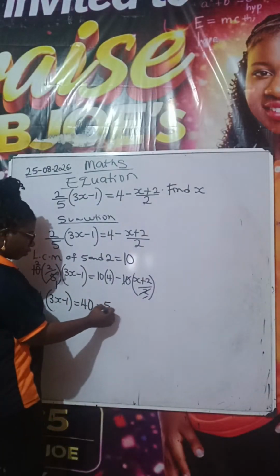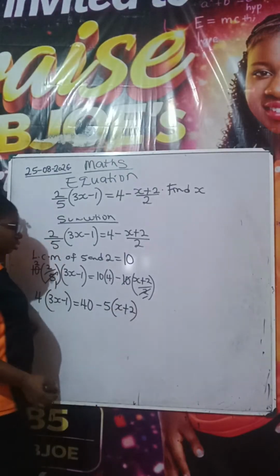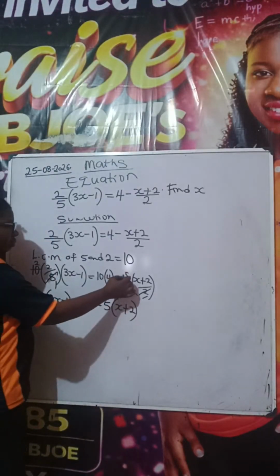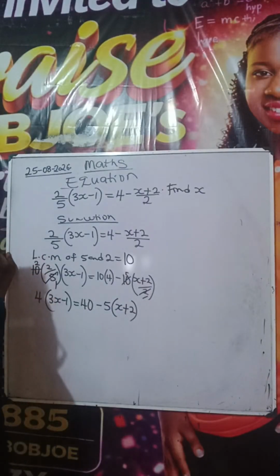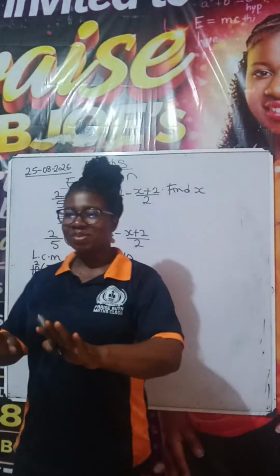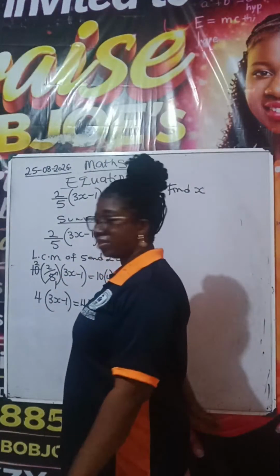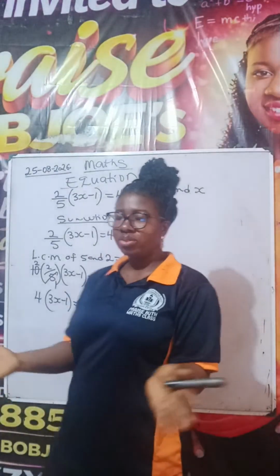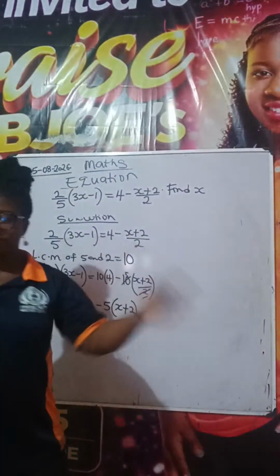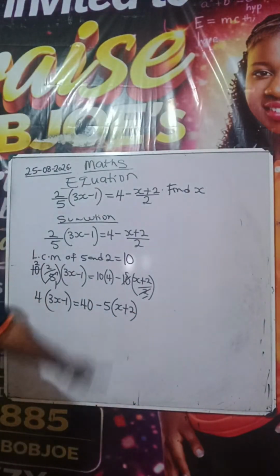So we have 5 multiplying x plus 2. Write the 5 here because this minus 5 is going to multiply this. Now, at this point, you will see that there is no fraction again. We have removed all the fraction. So all we need to do now is expand and solve a normal equation. There is no more fraction.